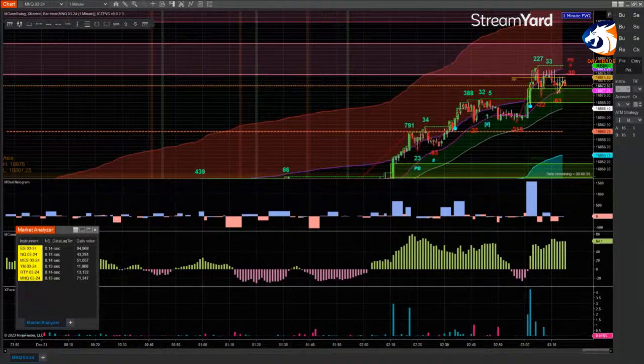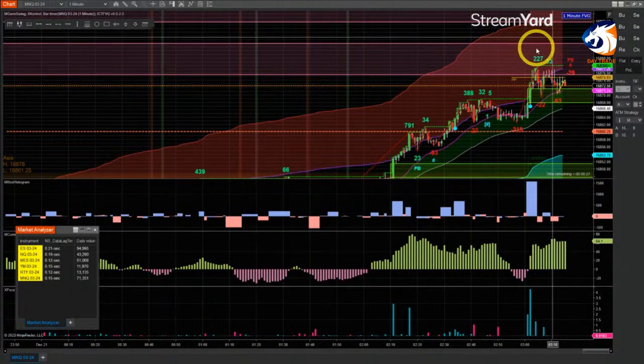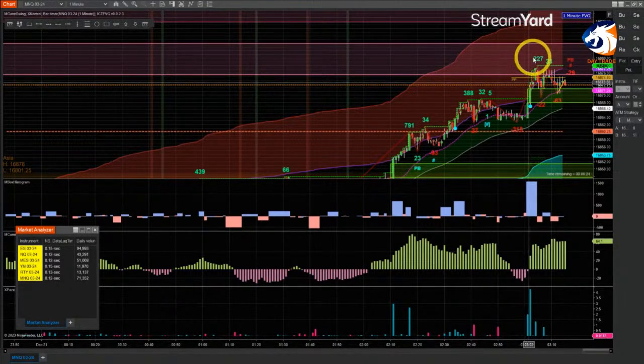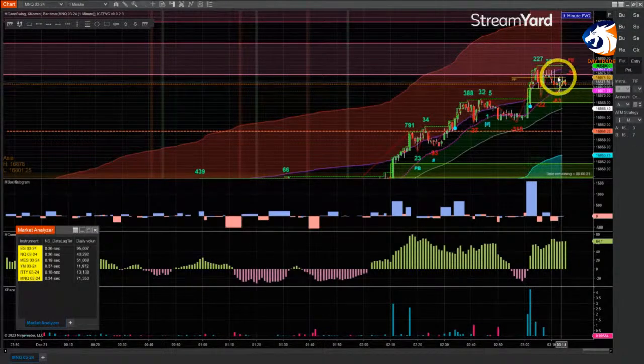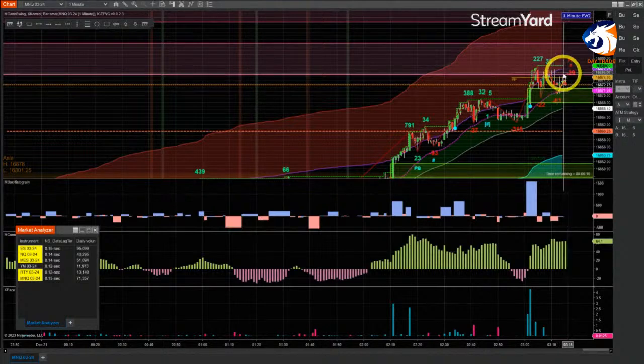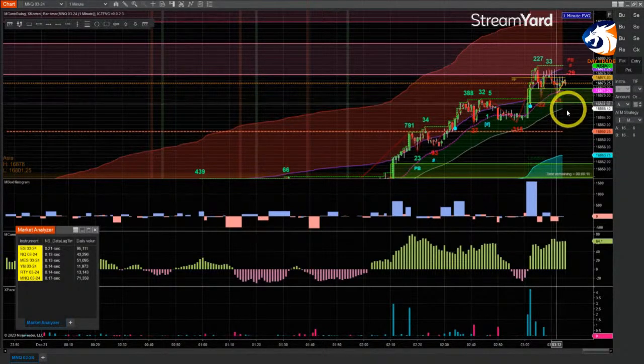Now, here are the scenarios I'm looking for. Since we have strong resistance here, and we also have a new support level here, it's battling between those two areas. What I want to see is it coming down. We may take a trade, depending on how many points that is.